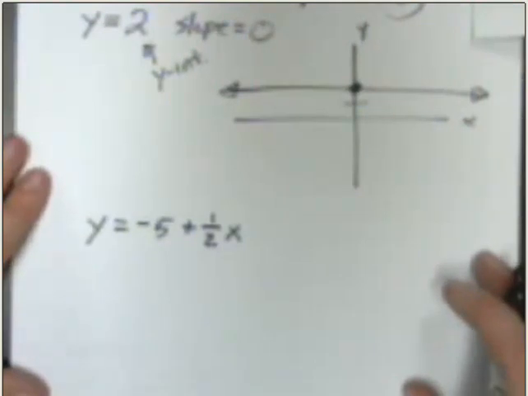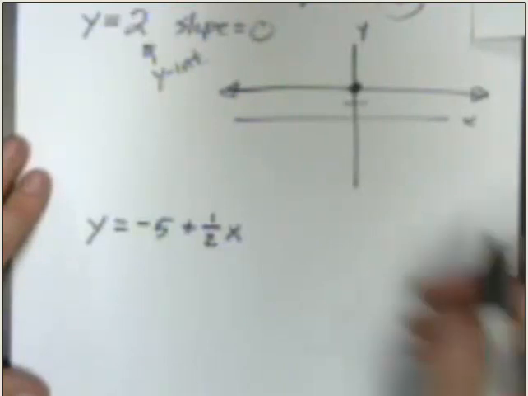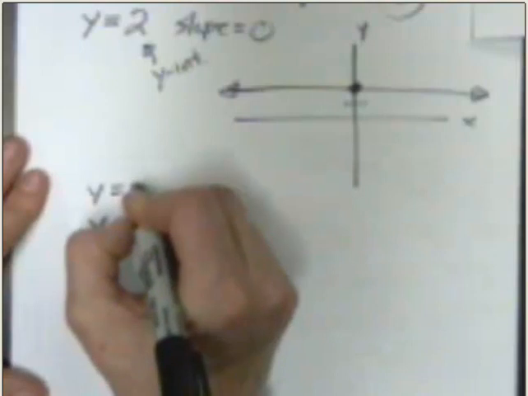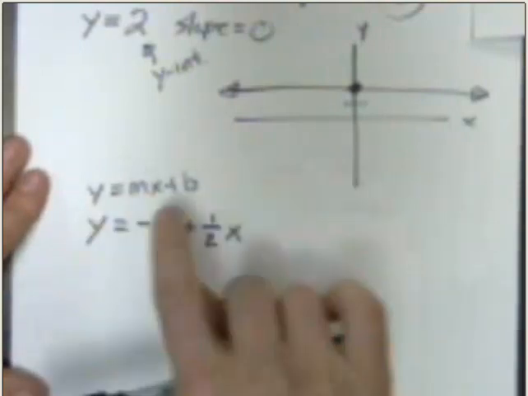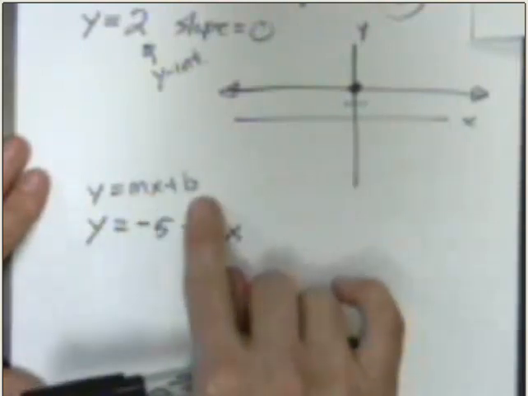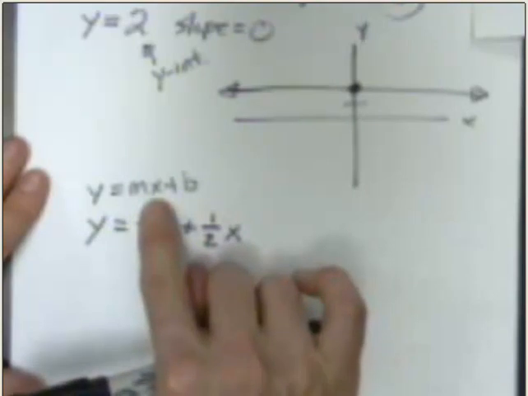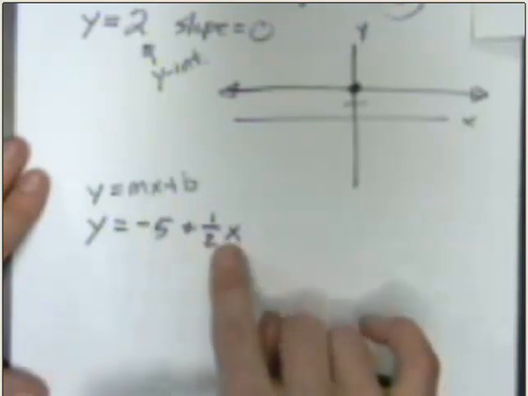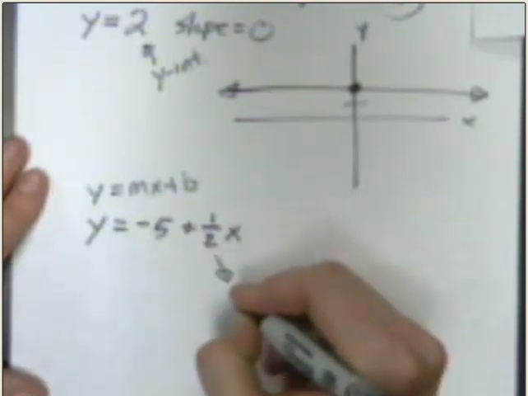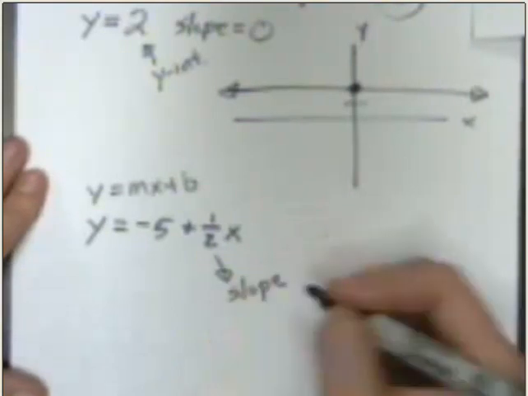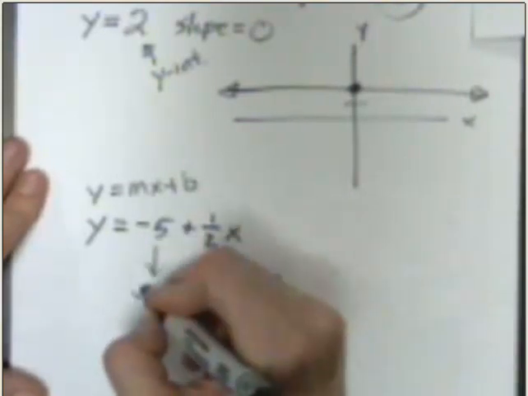How do you know it's not 1/2? Oh, because the form of the line is y equals mx plus b. We don't care about the order. We're just looking for patterns, aren't we? That slope is always attached to the x. So it has to be the 1/2, okay? So that's my slope. And this right here, again, is the y-intercept.